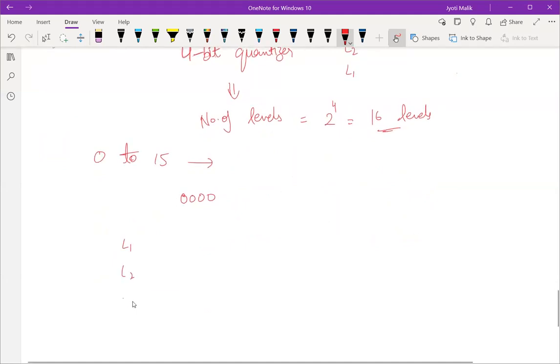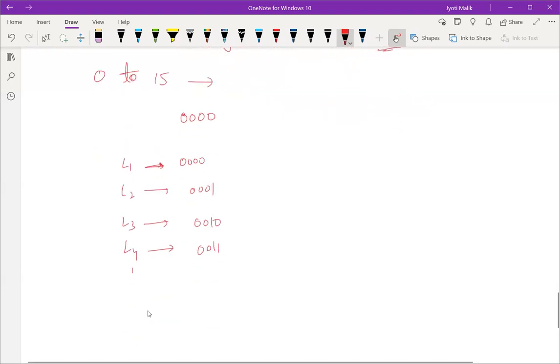L1 will be represented by 0000, L2 by 0001, L3 by 0010, like this. L16 will be represented by 1111. We are just encoding them like this. This is our encoding scheme.